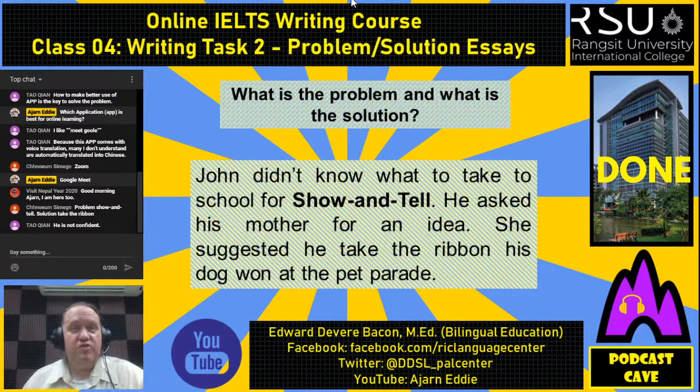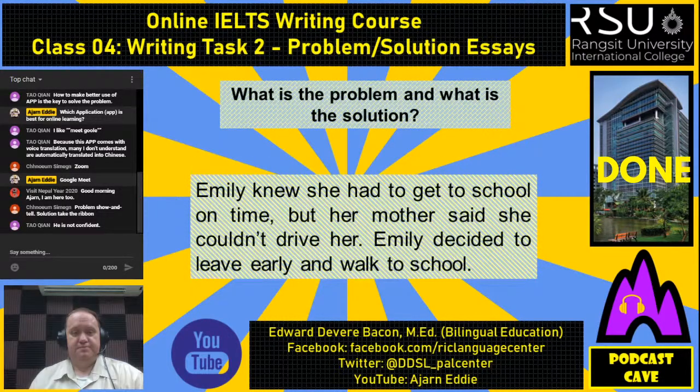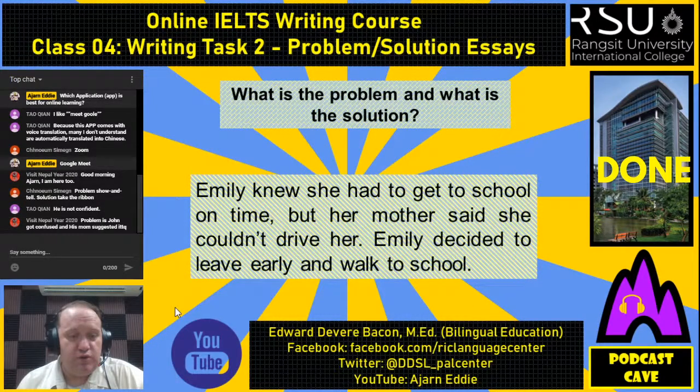Just make sure the body paragraphs are fully developed, at least 5 or 6 sentences. The introduction and the conclusion can be short, maybe 2 or 3 sentences. All right? Okay, so let's go to the next one, the second one. Let me read this. Again, I'll give you guys 2 minutes here.